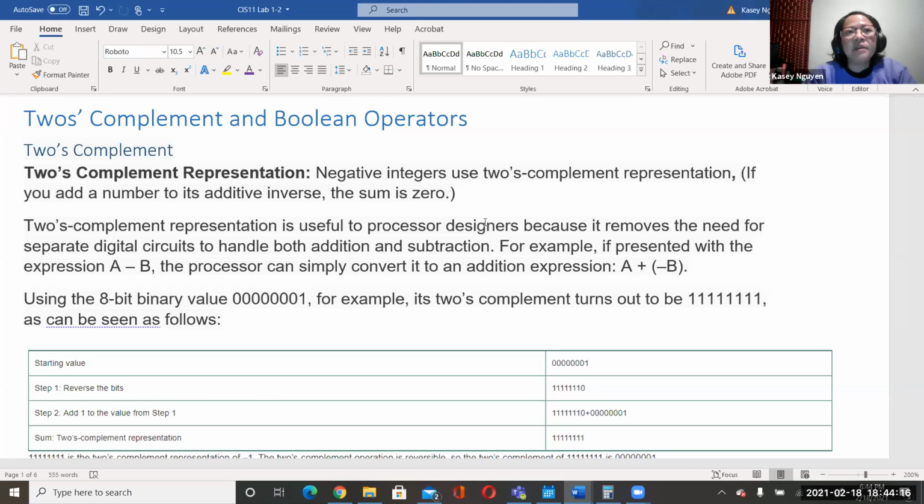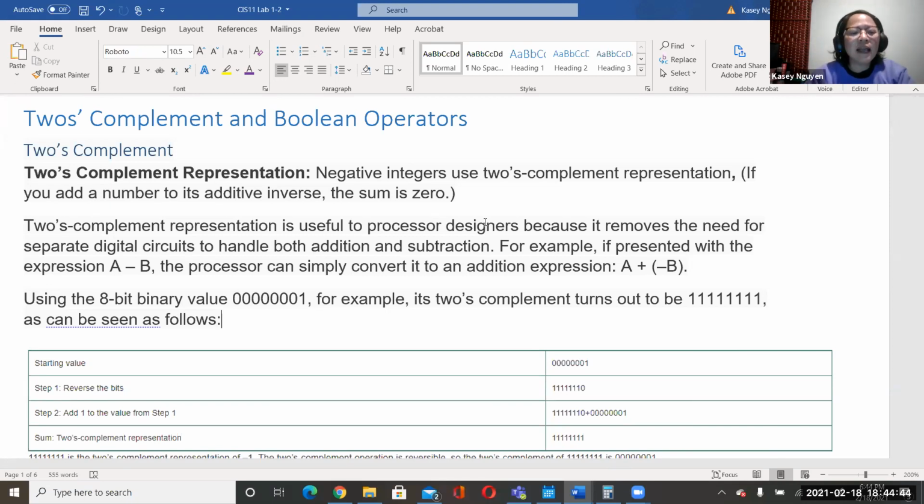And a signed number, the way the computer understands it, is a 2's complement of the unsigned number. So when you say 13, positive 13, and you wanted to make it into a negative 13, when you type in negative 13, the computer stores the 2's complement of 13 in binary.